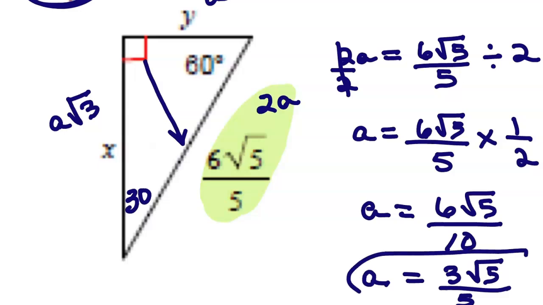Okay, so let's play with this. If this is my A, then I know that this side is just exactly what I just solved for A, right? All set. Now look at this side. I have the 60-degree side and it has a root 3. So I'm going to take where you have the A and write 3 radical 5 over 5.